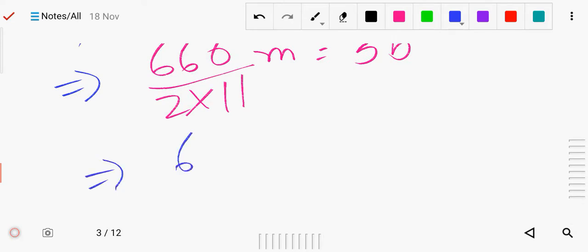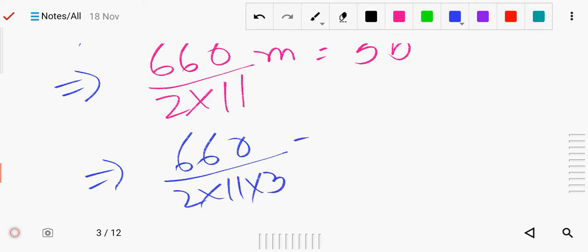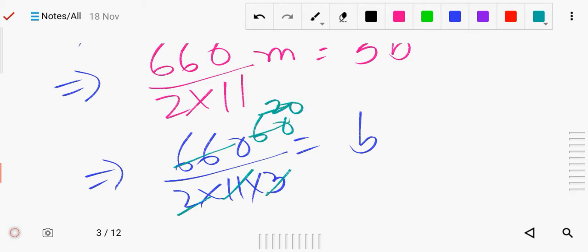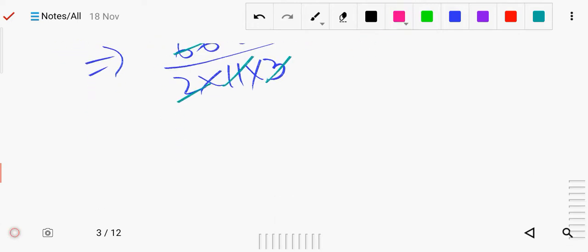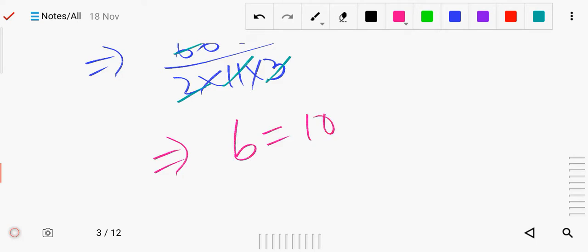So 660 divided by 2 into 11 into 3 equals b. Now you can solve. 11 sixes are 66, so 60, 2 times 20, 2 times here 10. So what is the value of b? We got the value of b is 10 meter.